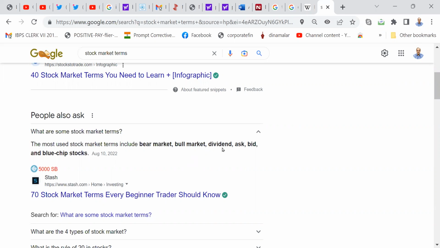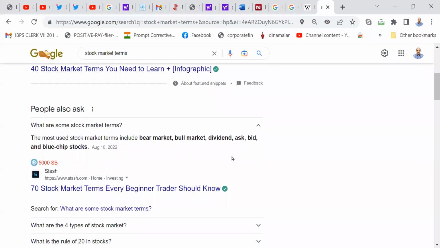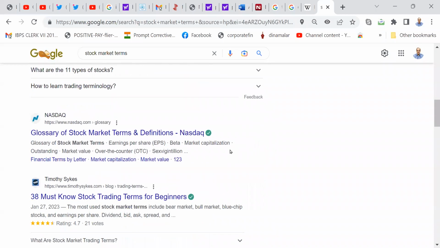Dividend is companies will be paying dividend on their share capital if they get profit. This much I know. Blue chip stocks are stocks of leading companies like Infosys, TCS, Britannia, and all that big companies. Then I don't know about this term, ask term, bid term. I think they're also coming in relating. If you don't know, please search and find out what is the answer for that.